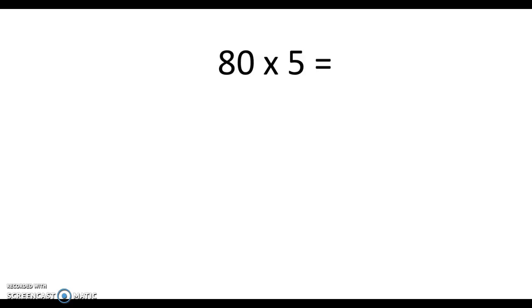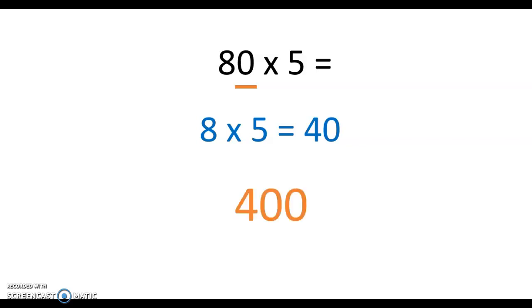Alrighty, let's go ahead and solve it. I know that 8 times 5 is 40. But I need to add 1 more zero onto that because the 0 in 80 is like doing 8 times 10. So we have to move it up 1 place value. So when I did that, I got 400.